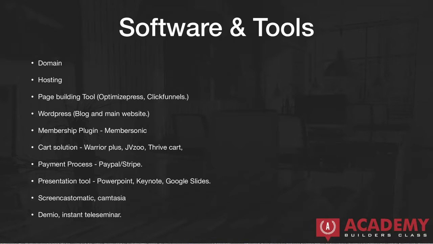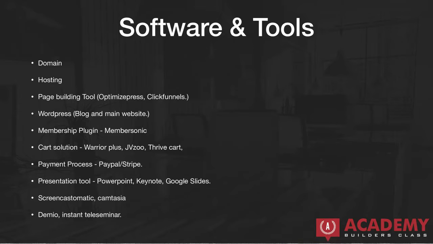If I'm going to build a WordPress built Academy program, then I'm going to use OptimizePress to build that. If I want to do it and not use WordPress, I'll probably use ClickFunnels. Now, even if you use WordPress, you can use ClickFunnels as well and create all your funnel pages in ClickFunnels, but pull them over to a WordPress hosted site if you want to do it that way.